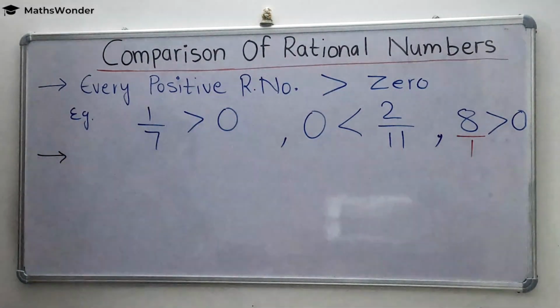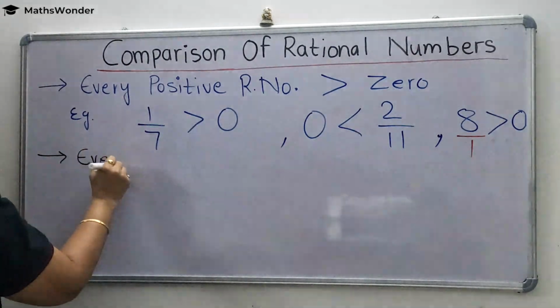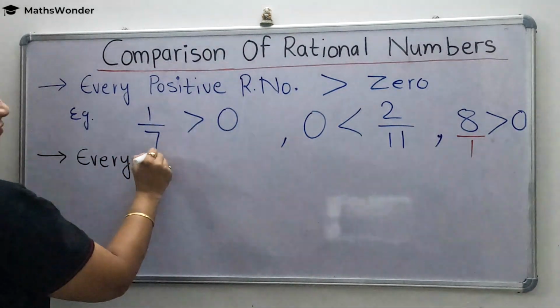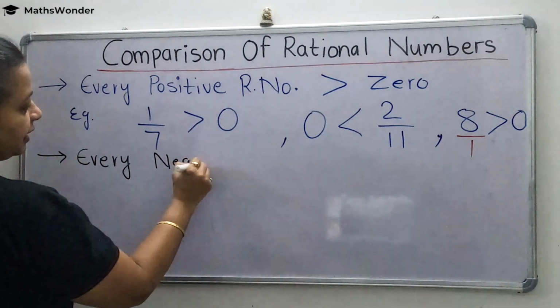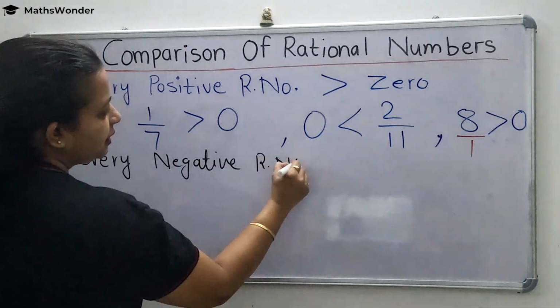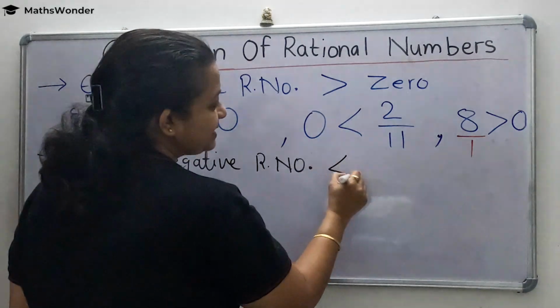The second property is about every negative number. Every positive rational number is greater than 0, but every negative rational number is less than 0.